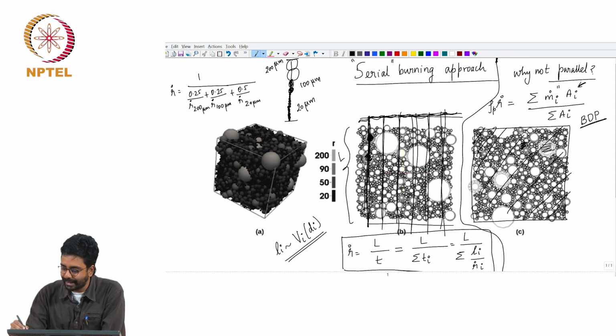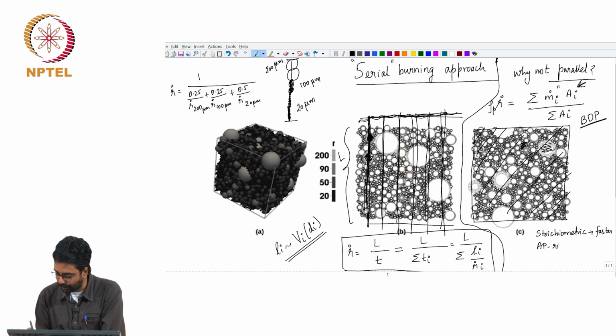So, the weights are assigned using the surface area, and therefore, as you can see, the stoichiometric spots will burn faster, the AP rich parts will burn slower, so will the fuel rich parts.